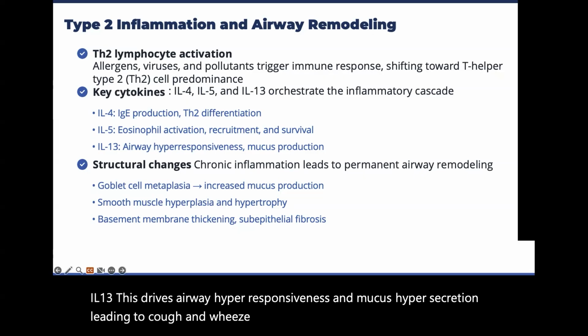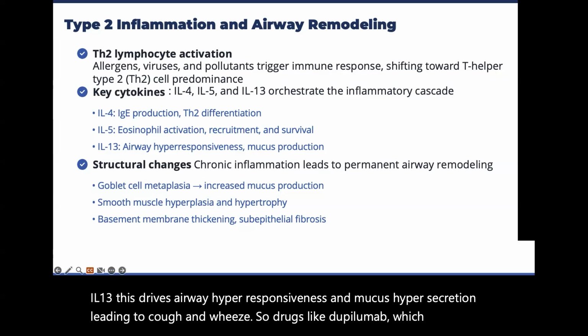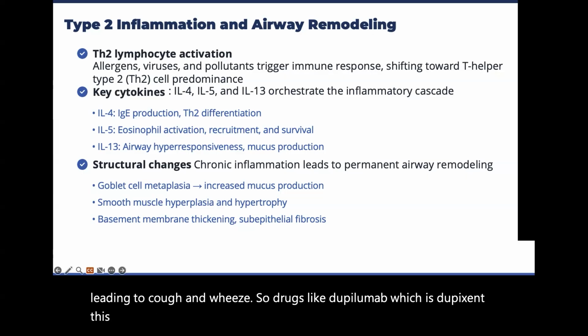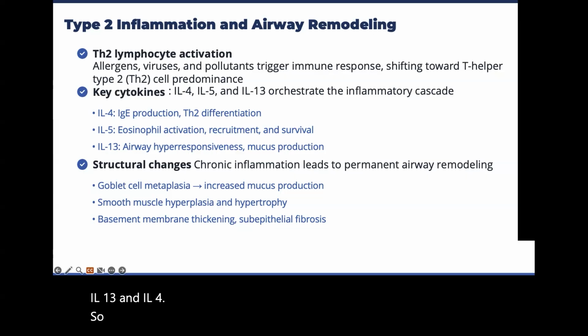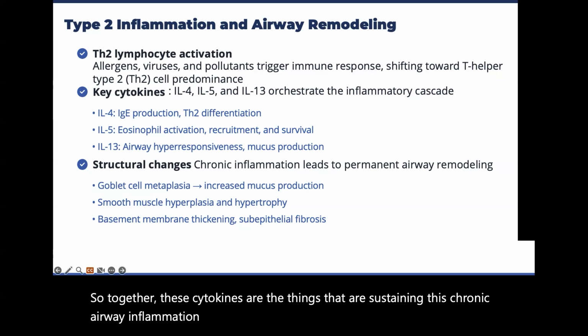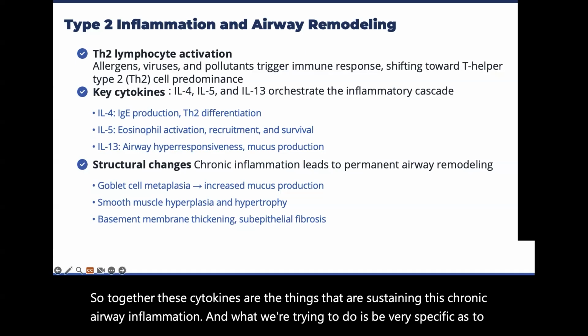So drugs like dupilumab, which is Dupixent, block IL-4 receptors and then target a dual pathway, which includes IL-13 and IL-4. So together, these cytokines are the things that are sustaining this chronic airway inflammation. And what we're trying to do is be very specific as to which cytokine we're trying to block.